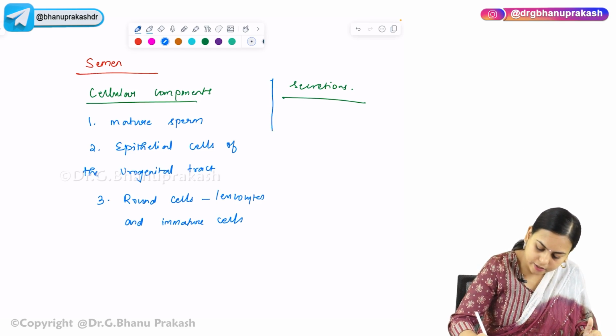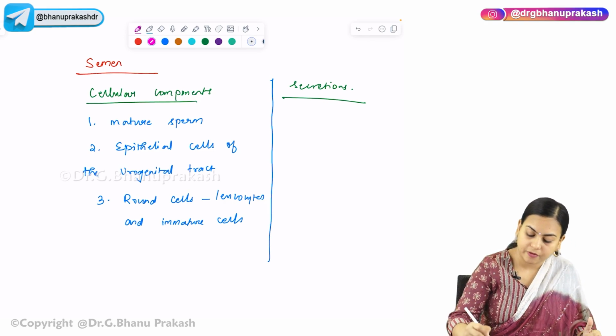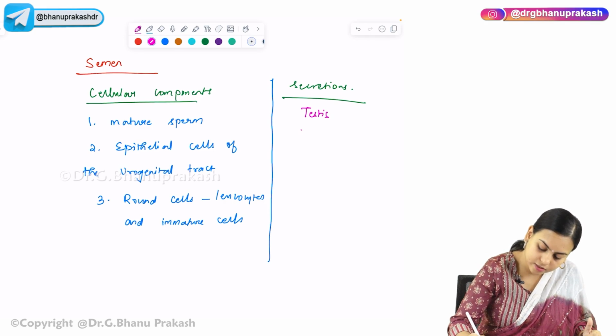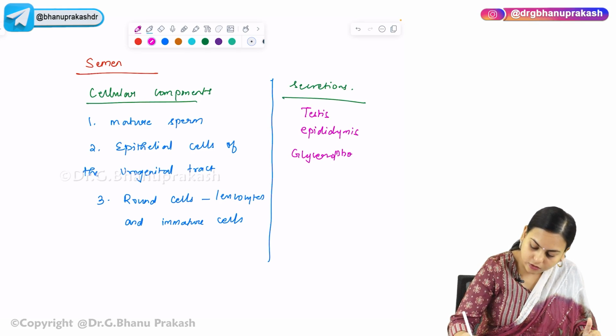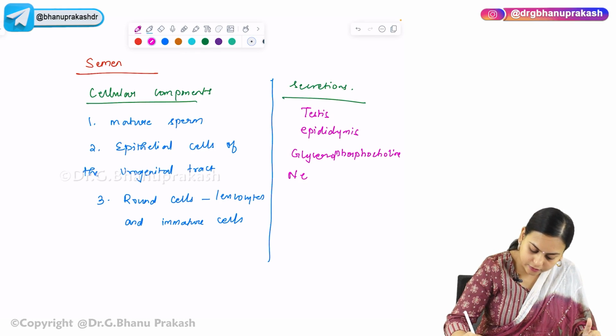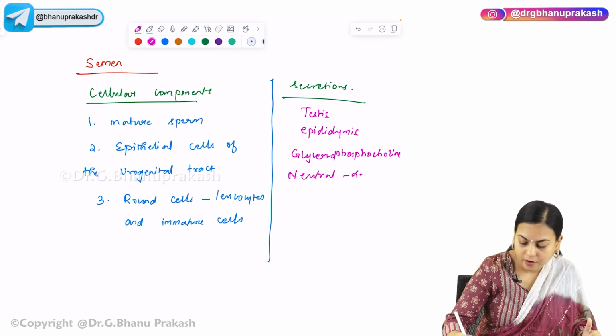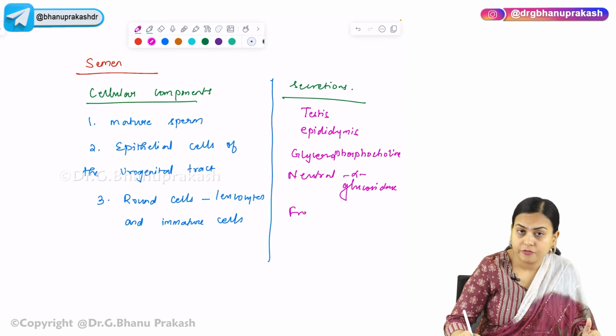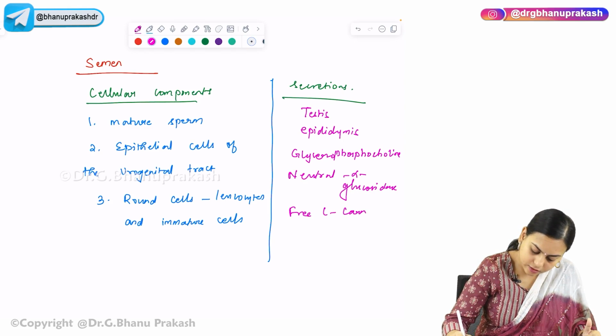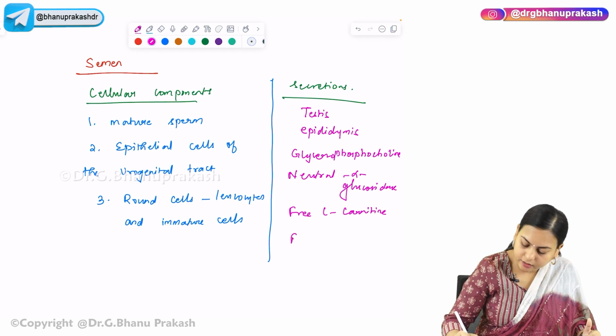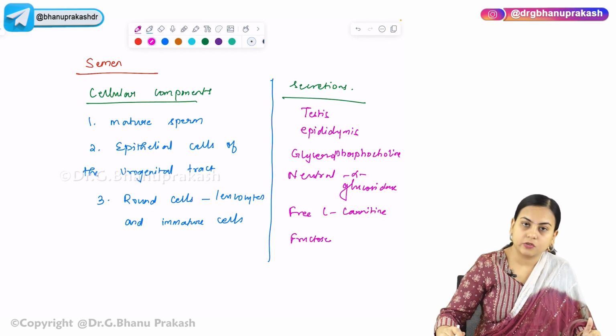And if we take the secretions, we have secretions coming from the testis, epididymis, then glycerophosphocholine, neutral alpha glucosidase, free L-carnitine, and fructose as well.